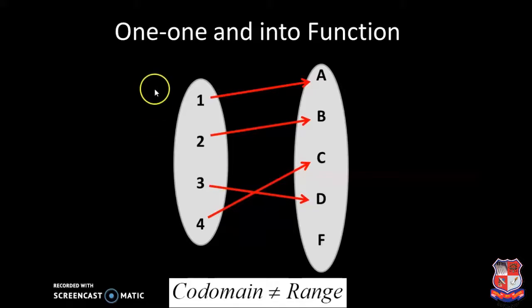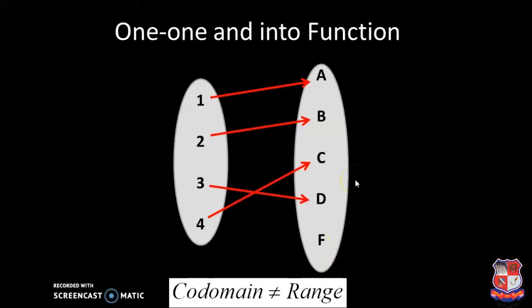Okay, so it's a one to one and into function. Clear? One to one already we understood, and condition for into is codomain does not equal to range. Now you understood. For onto, codomain equal to a range, and for into, codomain does not equal to a range.